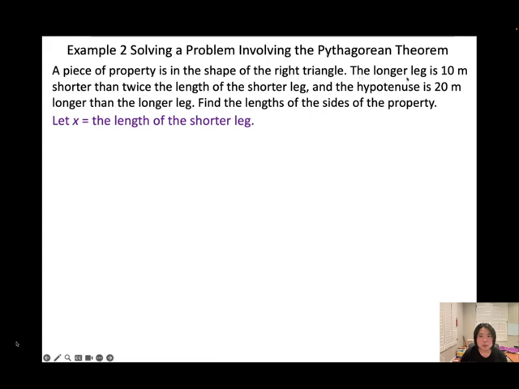The longer leg is 10 meters shorter than twice the length of the shorter leg. So that'll be 2x, and 10 meters shorter than that, so 2x minus 10 will be the length of the longer leg.